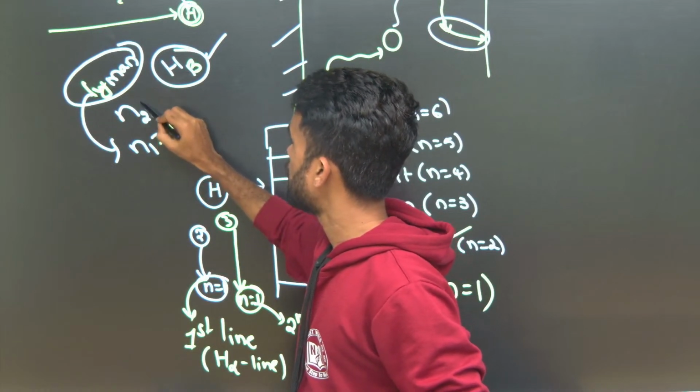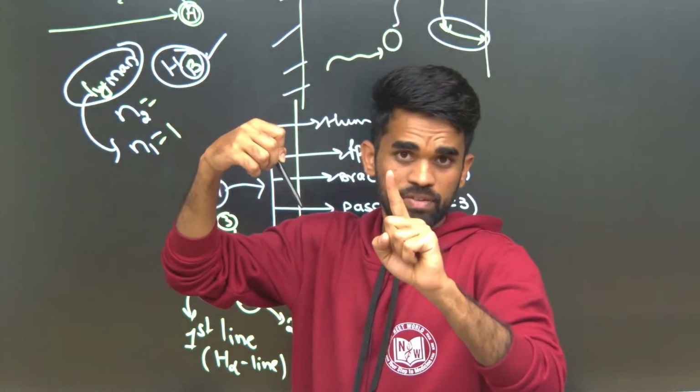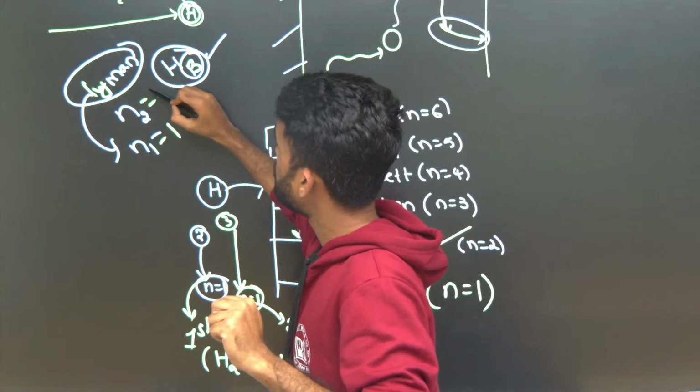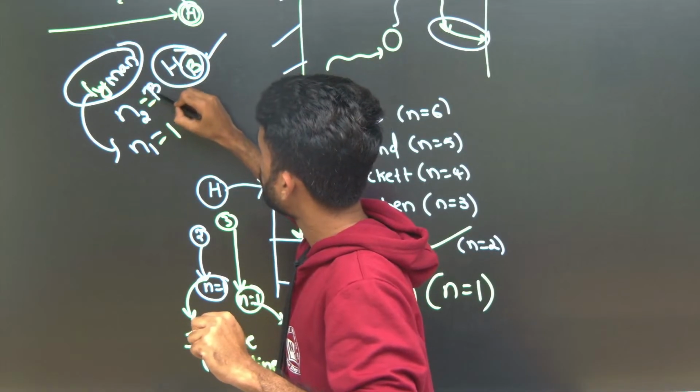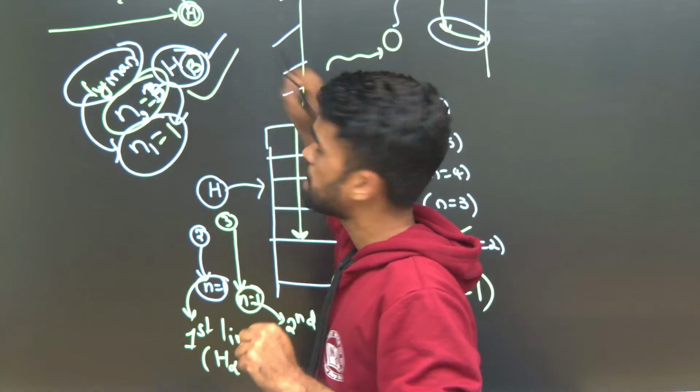If it is from 2 to 1, that is the first line, H alpha. If it is 3 to 1, that is H beta. So I hope you got what the n1 and n2 values are here. 3 to 1 is the H beta line.